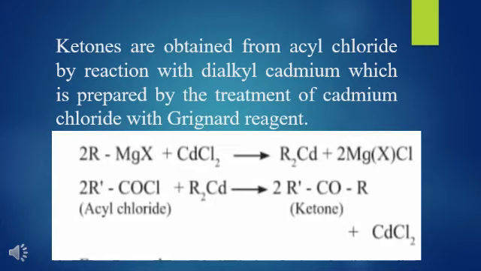The dialkyl cadmium is carried forward to react with acyl chloride and it gives ketone, which is 2 R-CO-R plus cadmium dichloride.